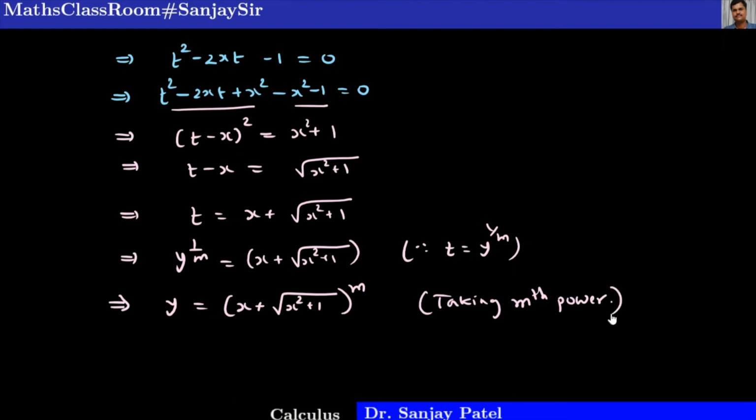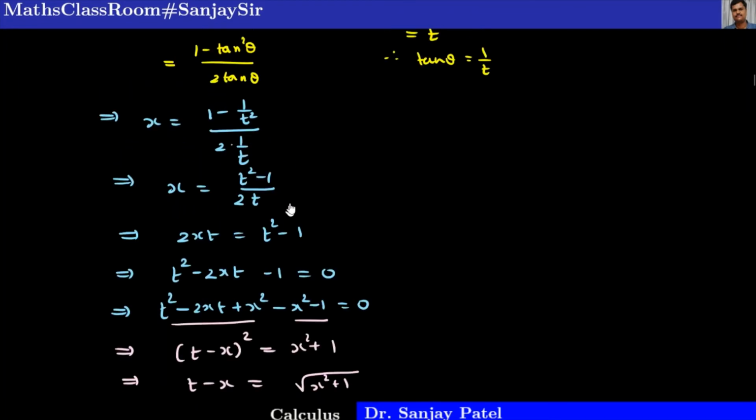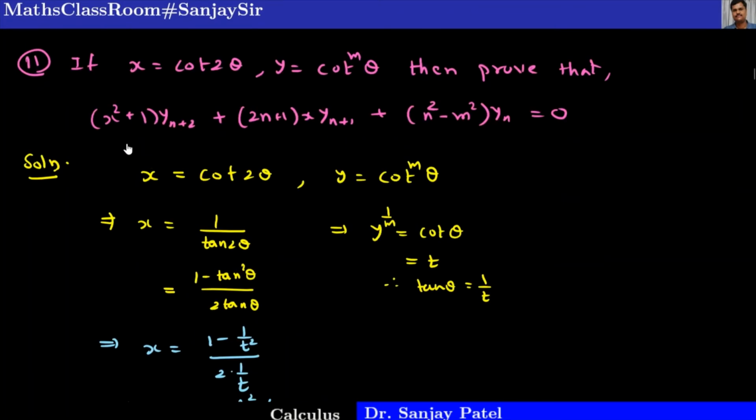Now this is same as our first problem, problem number 9. So we can just write the same solution and obtain the same result that is required in this example. That is just writing the solution of problem number 9.